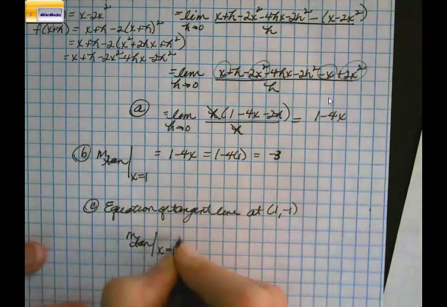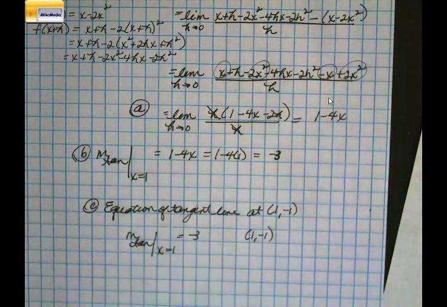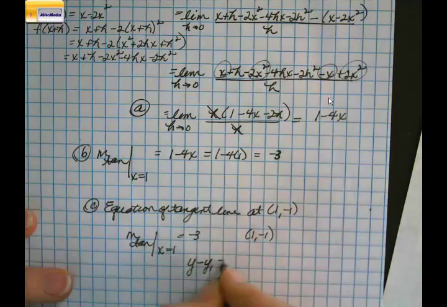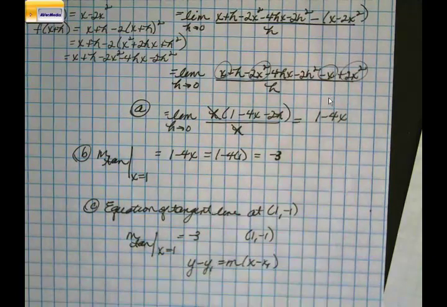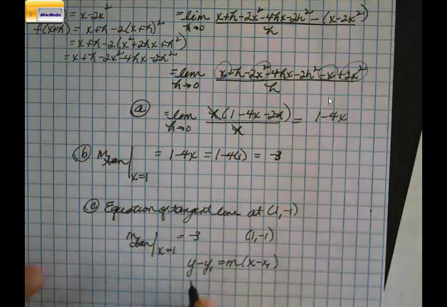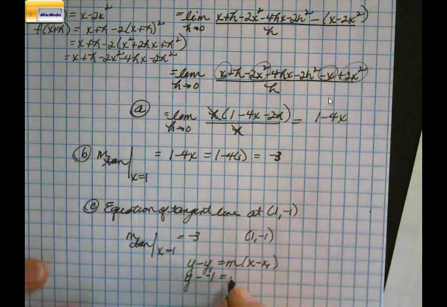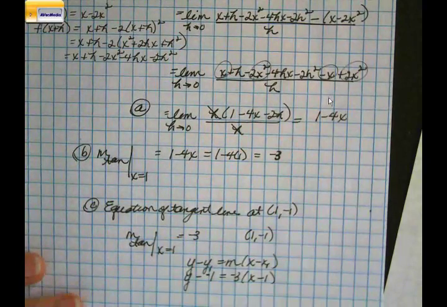The slope at x equaling 1 is negative 3, and my point is 1, negative 1. So using that point slope formula, y minus y1, which I didn't have room to write on the last example, but that's the formula that we all know that I'm using. So it will be y minus y1, which is y minus a negative 1, equaling a slope value of negative 3 times x minus x1, where x1 is 1.